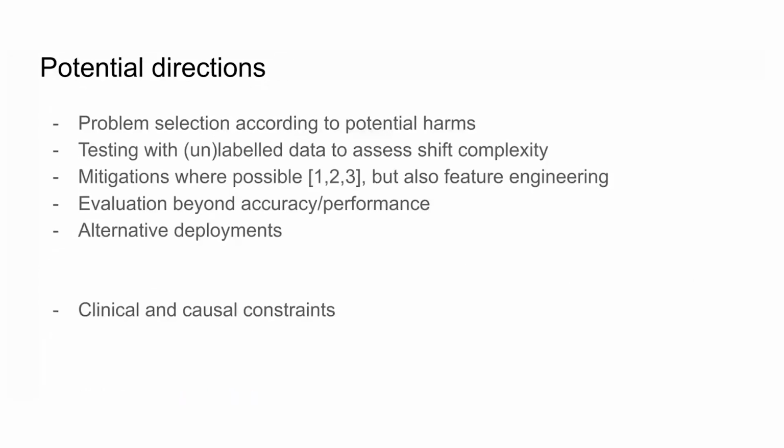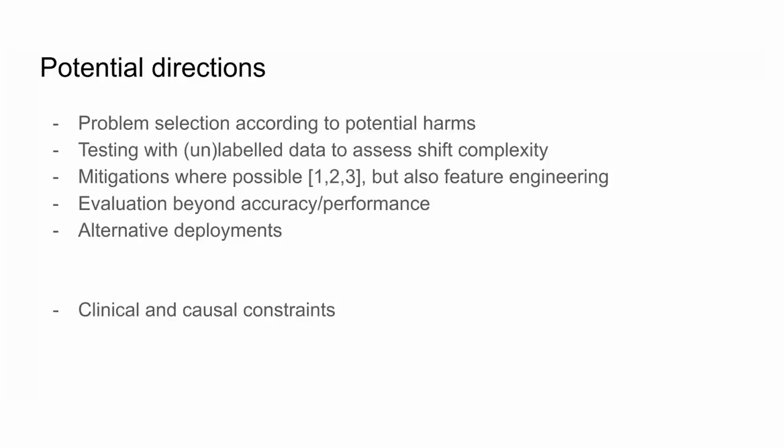As potential directions for future work, some of the mitigations we can think of are actually not technical mitigations. As a first step, we should select problems that reduce potential harms, because we simply do not have methods that will mitigate fairness under distribution shift.